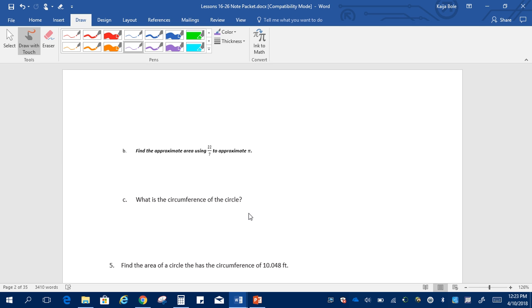So we're going to have A equals 22/7 times our 7 squared. So we know this will be 22/7 times 49. We cross divide, we get a 1 and a 7. And when you multiply those, you get 154 centimeters squared.